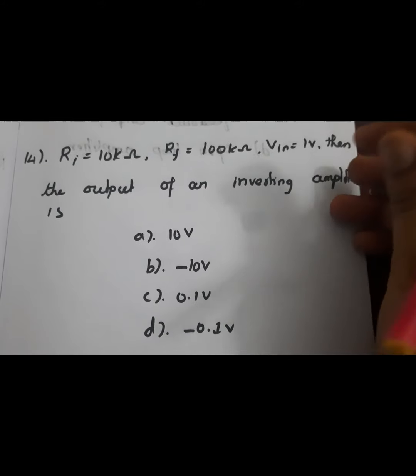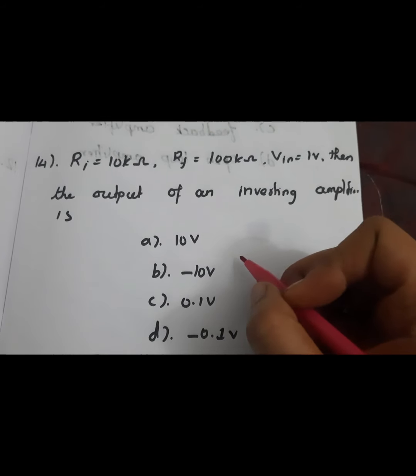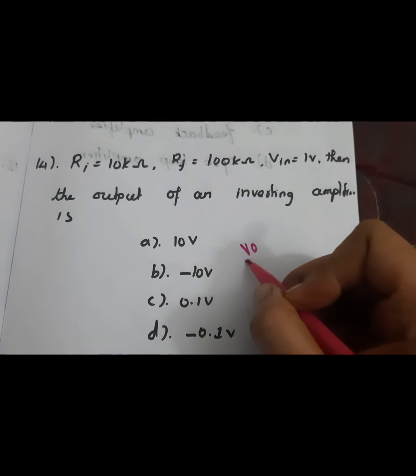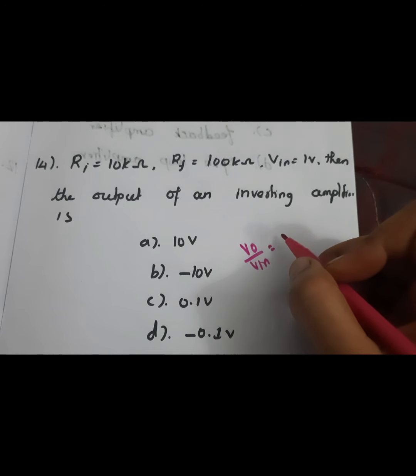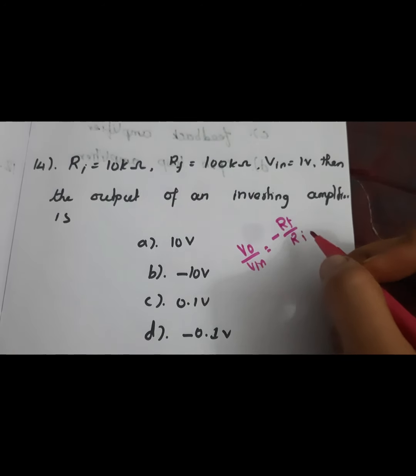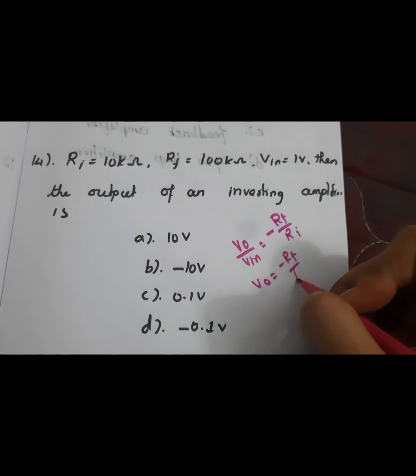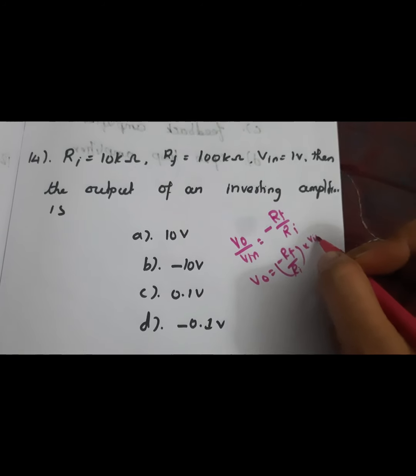And 14th question, this is an inverting amplifier. So V out divided by V in is equal to minus Rf divided by Ri. So V out is equal to minus Rf by Ri into V in.